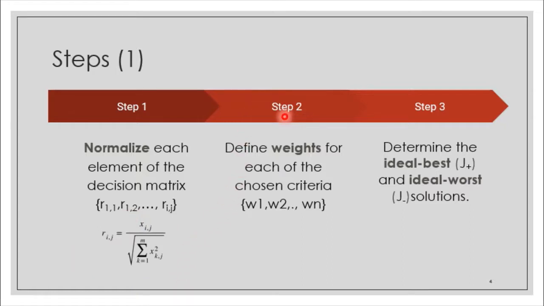In step 2, we define weights for each of the chosen criteria based on the decision maker's preferences. Those weights will be denoted by W1, W2 until Wn. Those weights will be used to determine the ideal best and ideal worst solutions in step 3.